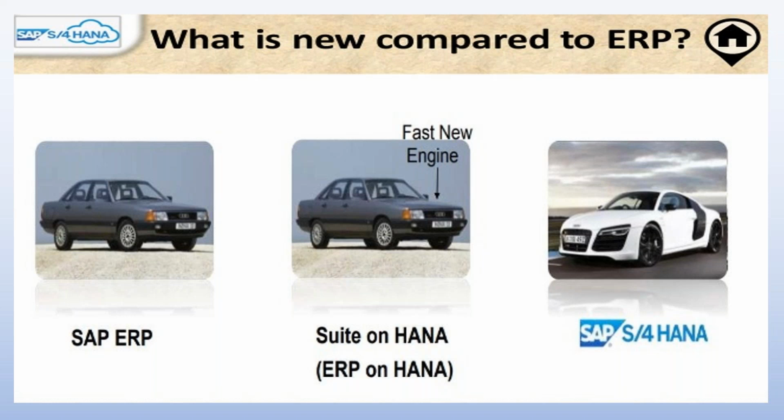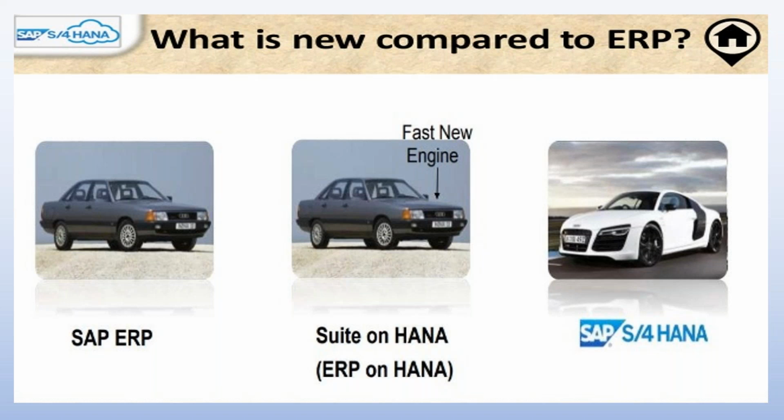Slowly they introduced HANA. The business suite or ERP running on HANA is a little higher version. So you have one ERP, SAP, running on one kind of database, say Oracle. Then they introduced HANA. HANA is just a database, not an application. Then your SAP ERP application started running on HANA.